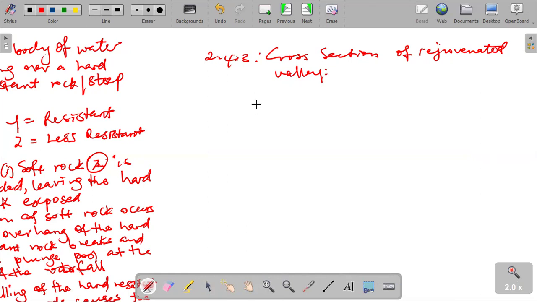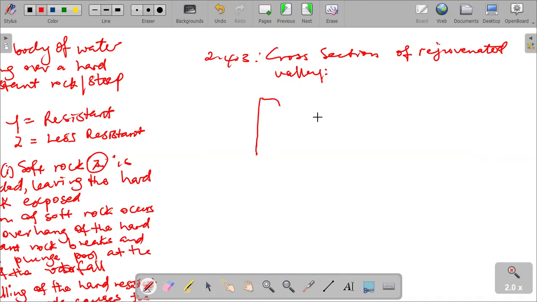In this case, what the examiners are asking us is to illustrate that we understand a cross-section of a rejuvenated river valley. How does it look? That's what the question actually wants.